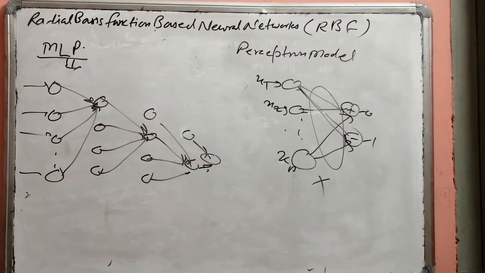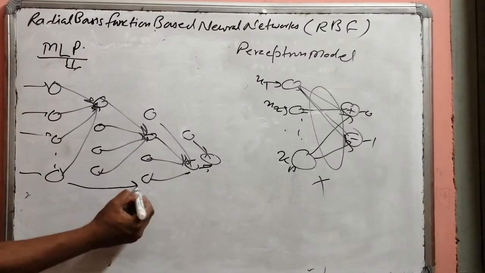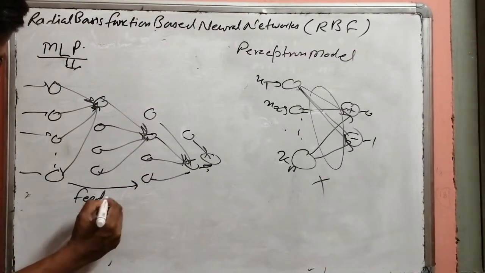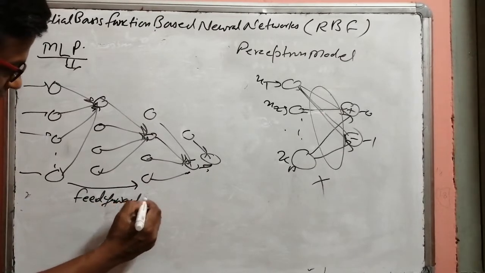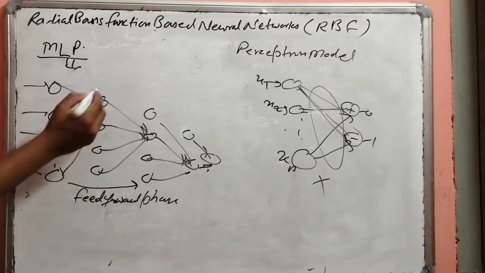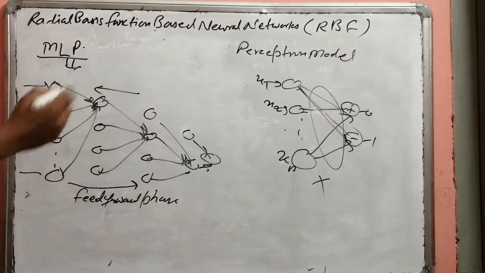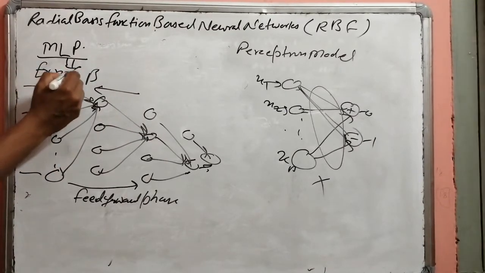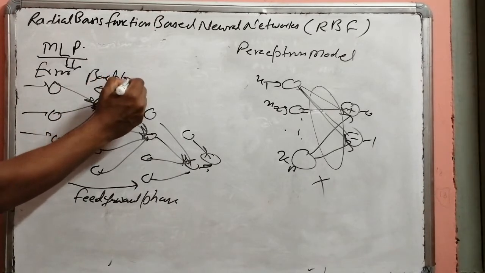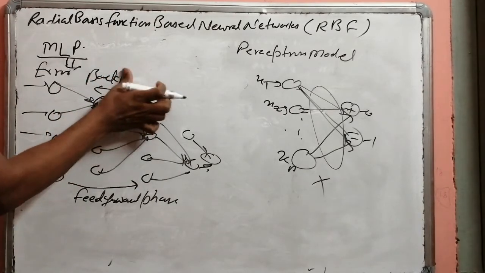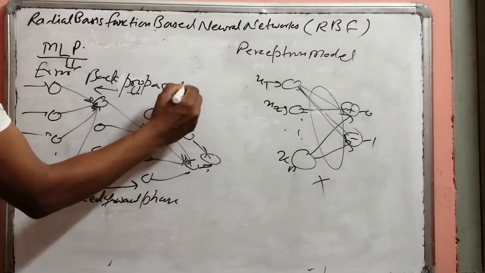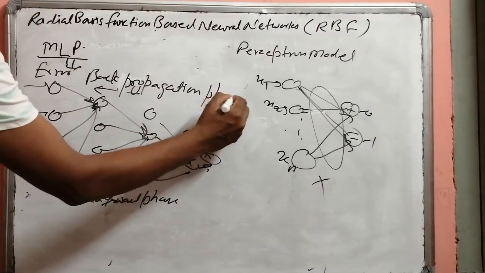These were the connections for your multi-layer perceptron. It works in two phases. One is your feed forward phase, and one is your error back propagation phase.